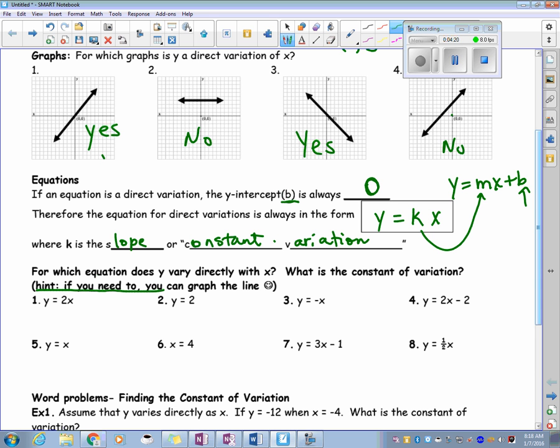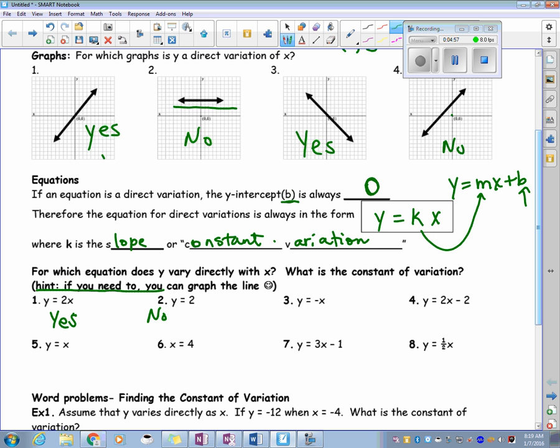Is this one a direct variation? Yes. How do you know? Because k is 2 and b is 0. It is the equation of the line that goes through the origin. How about number 2? No, that is a line that looks a little like number 2 up here, except it's horizontal at 2.